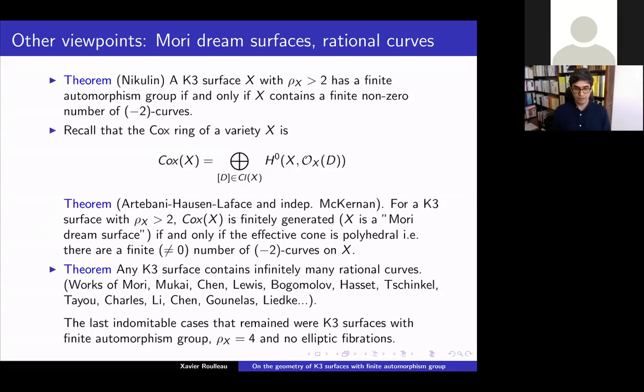And the most difficult case that remained were K3 surfaces with finite automorphism group and Picard number 4 and no elliptic fibration. So I will speak about one example of this kind of surfaces which were difficult for the theorem I just quoted.